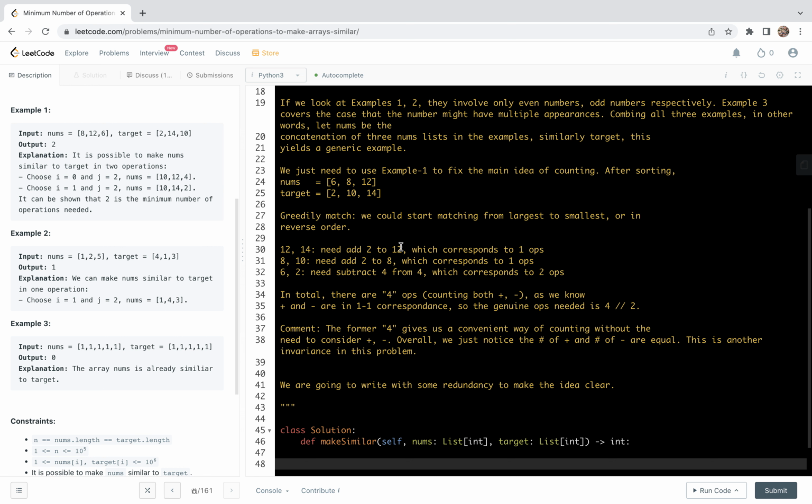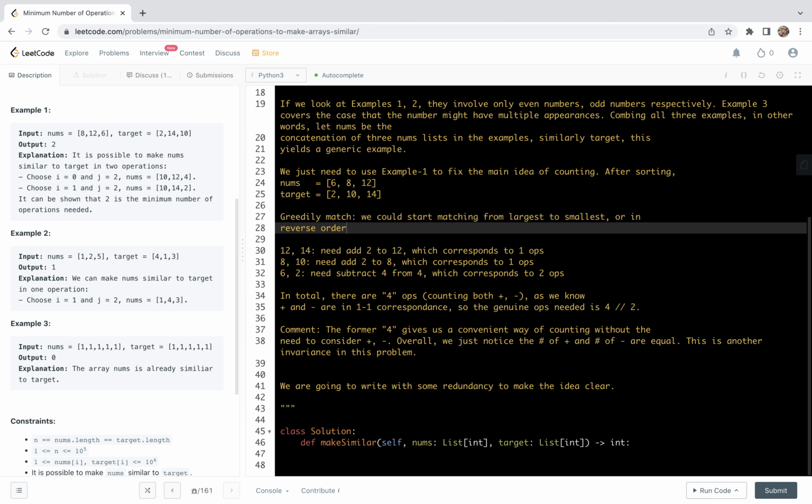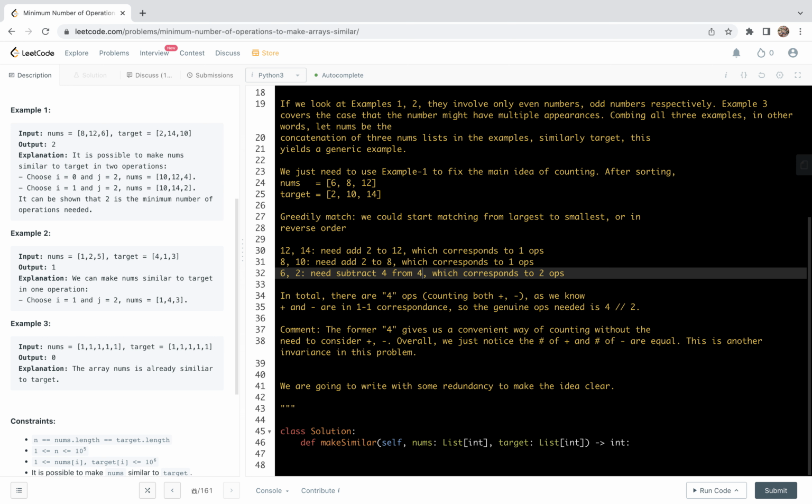If we look at 12 and 14, we need to add 2 to 12 in order to match the 14, which corresponds to one operation, because we have an add. And if we look at 8 and 10, we need to add 2 to 8 to make it equal to 10, which corresponds to one operation as another plus. If we look at 6 and 2, we need to subtract 4 from 6, right?